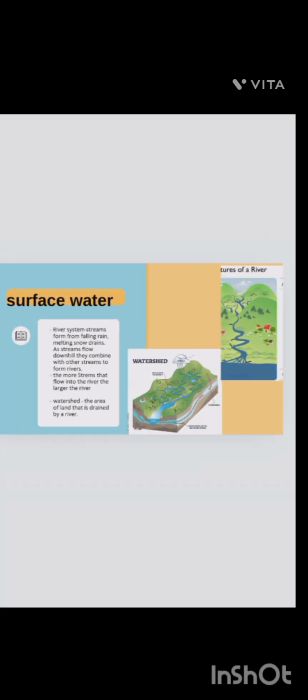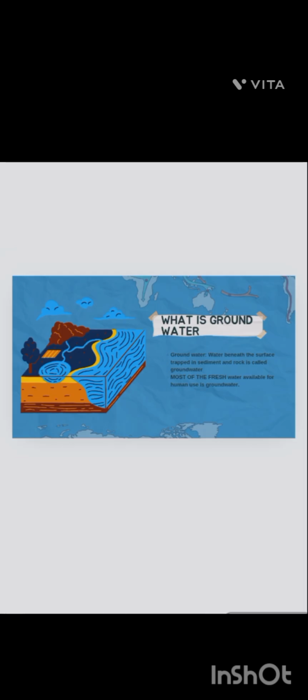Surface water is formed when streams flow downhill and combine with other streams to form rivers. Groundwater is the water beneath the surface, which flows through soil and rocks. Most of the fresh water available for human use is groundwater. The groundwater sources may include wells, tube wells, etc.